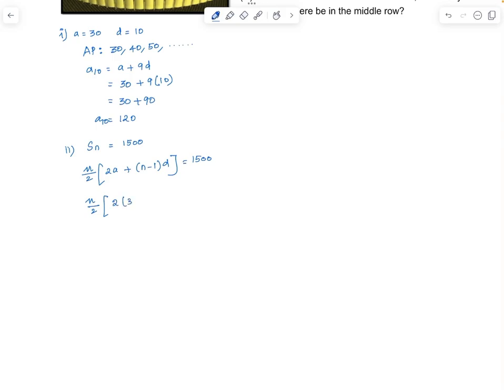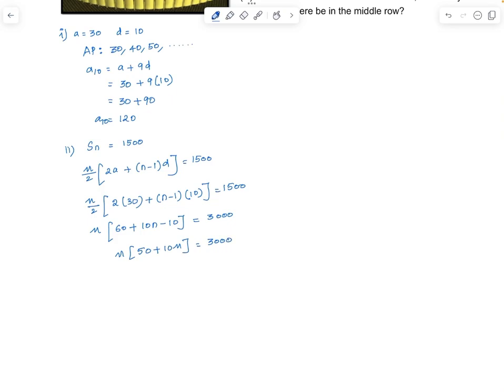A is 30, plus n minus 1 times 10. N times 60 plus 10n minus 10 is equal to, the 2 goes on the right side and it becomes 3000. N times 50 plus 10n is equal to 3000.